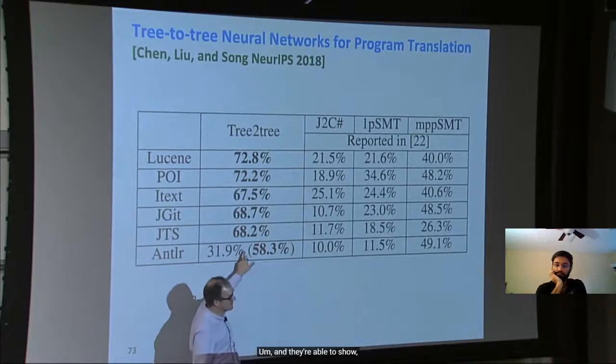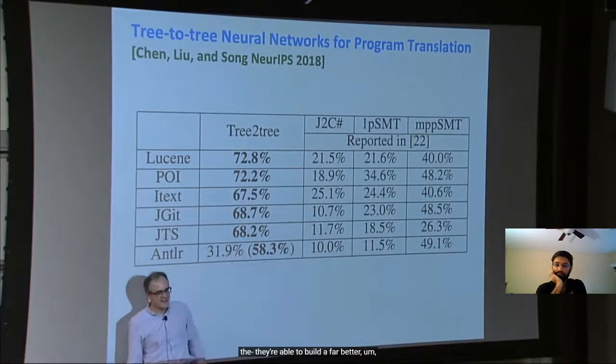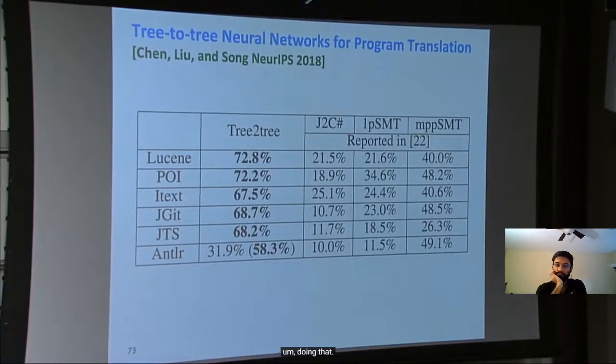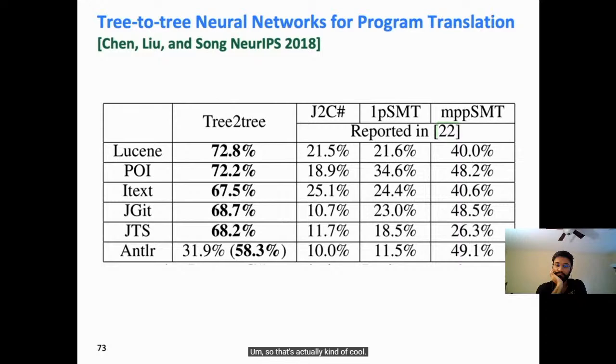And they're able to show that they can build a far better Java to C# translator doing that. So that's actually kind of cool, and it's good to know that tree structured recursive neural networks are good for some things. So I'm pleased to always see work like this.